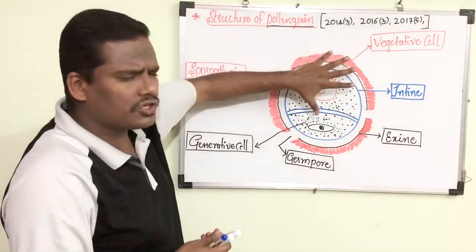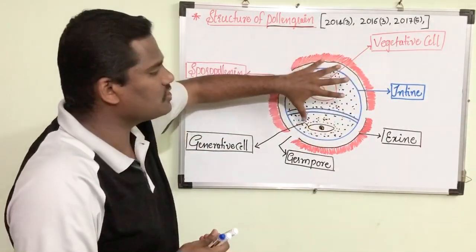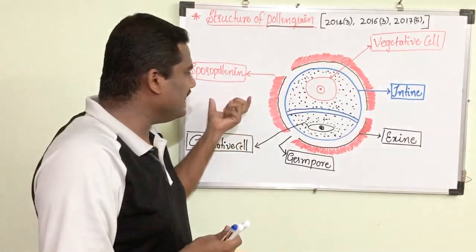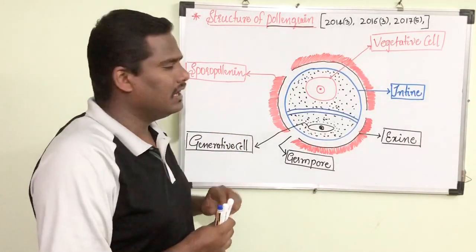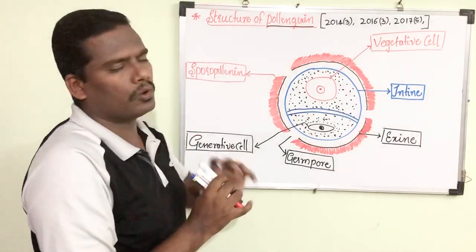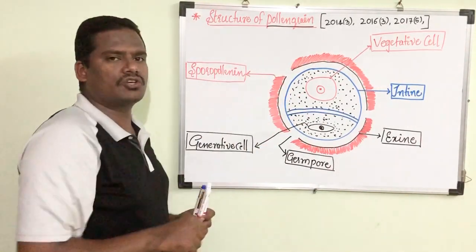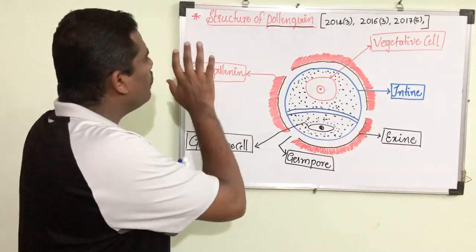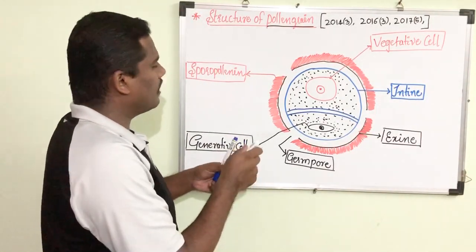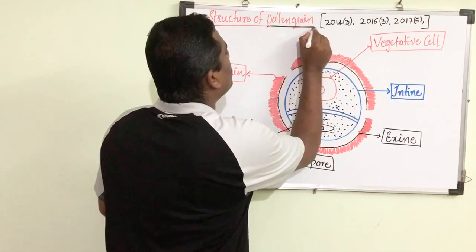There are also many questions from this concept in competitive exams like NEET, AIIMS and JIPMER. Now let us understand the structure of the pollen grain. Before we discuss the detailed ultrastructure of a mature pollen grain, we have to understand what a pollen grain is.